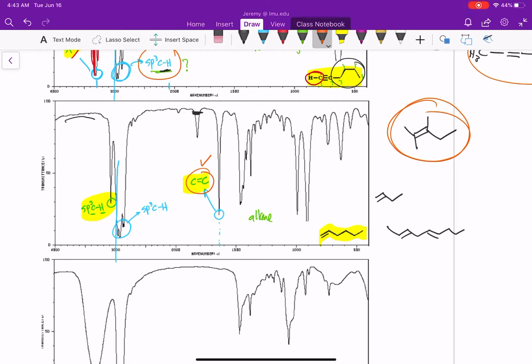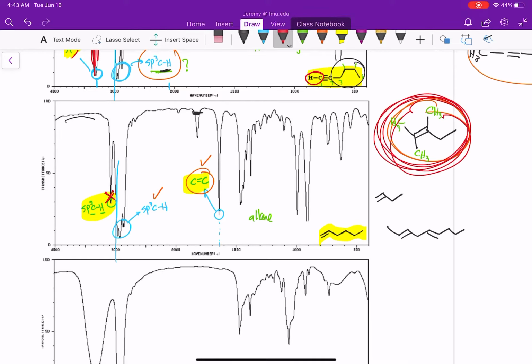But what we should notice here is that we have methyls. This is a tetra-substituted alkene, which means there are no sp2 C to H's. So the IR spectrum of this tetra-substituted alkene will look very similar, but that peak would be gone. We wouldn't see that peak.